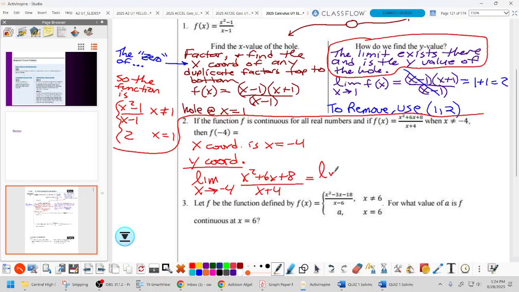Okay? Is it okay to write equals the limit again here? Yeah, because I'm just factoring. Okay, now what? Do I need to write limit again?